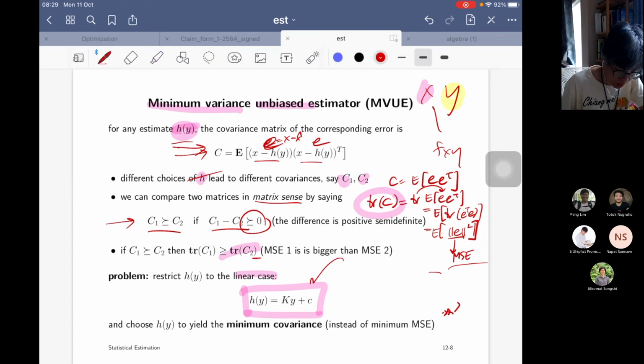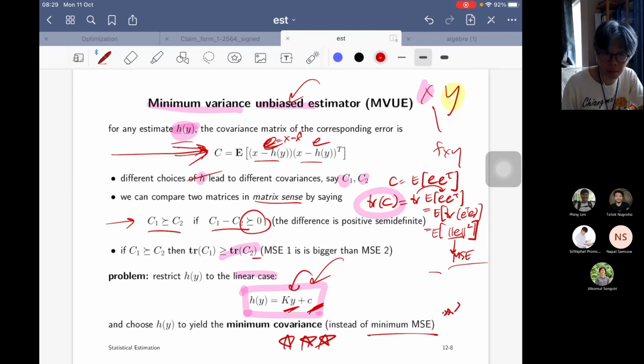So again, we parameterize the form: h is linear in y plus some constant, and that constant will be chosen so that it has the unbiased property. On this approach, again, let me emphasize that you're going to choose K so that the covariance matrix is minimum instead of the minimum MSE.